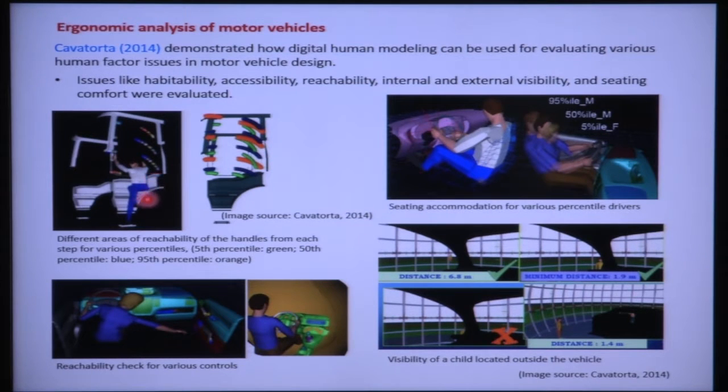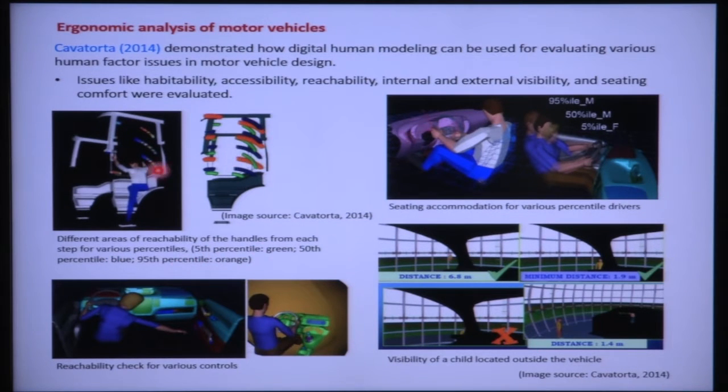that while the driver is going in, during the ingress, there are different areas of reachability for the handrails at each step for various percentiles of driver: 5th percentile, 50th percentile, 95th percentile.